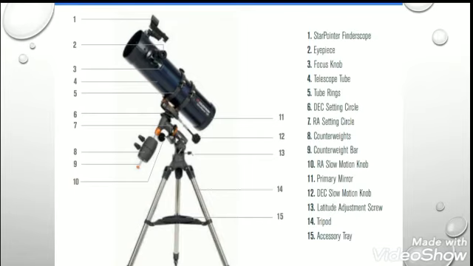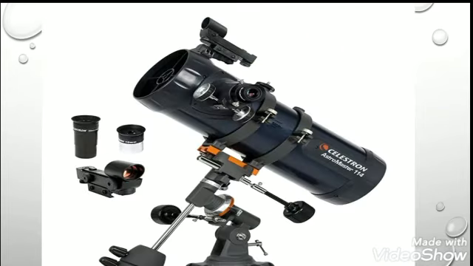But in this type of Astromaster 114 EQ telescope, the accessory tray does not have any hole to place the eyepiece. This is the complete and clear picture of the Celestron Astromaster 114 EQ, that means the equatorial mount.